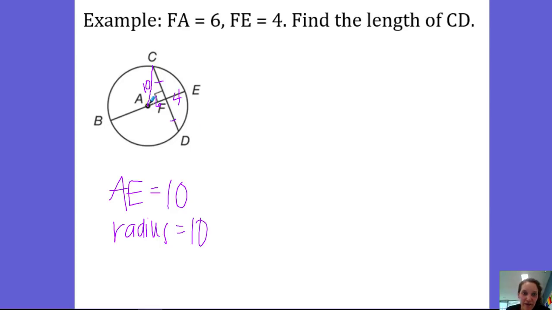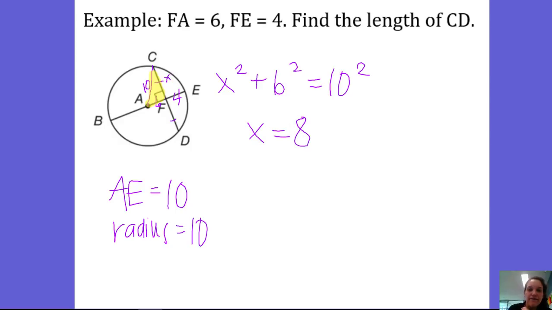I just created my favorite shape ever, a right triangle. And when you have a right triangle and you have a missing side, you can do Pythagorean theorem to find the missing side. So I can do x squared plus 6 squared equals 10 squared. And x ends up being 8.